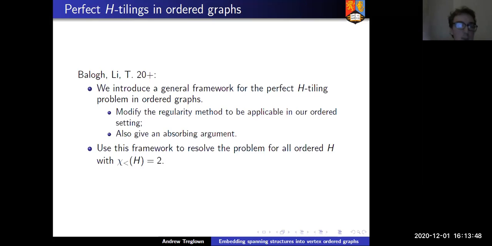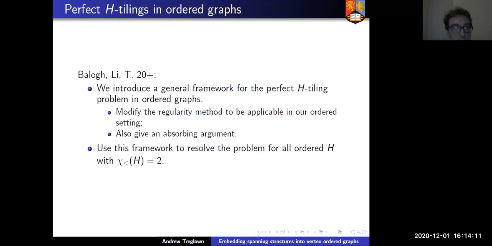Our main contribution is this general way of thinking about perfect H tilings. And then we apply this framework to the ordered setting, just for perfect H tilings with interval chromatic number 2. That's what we did.